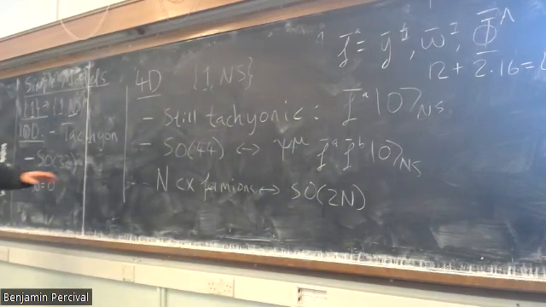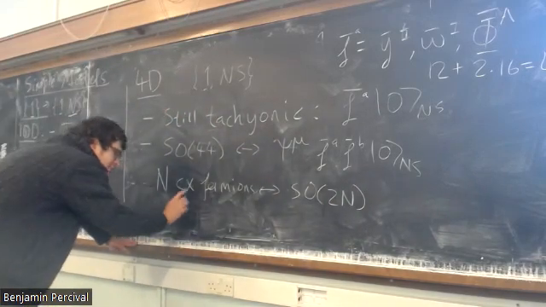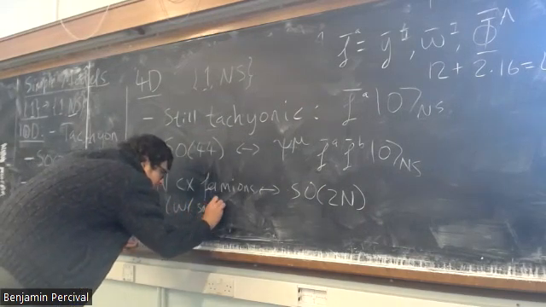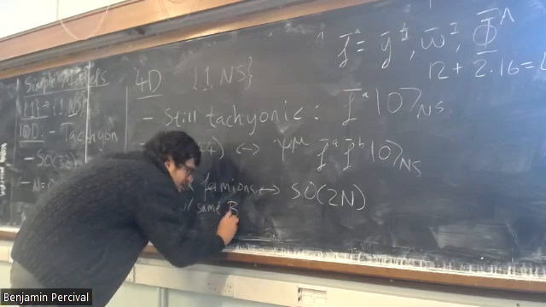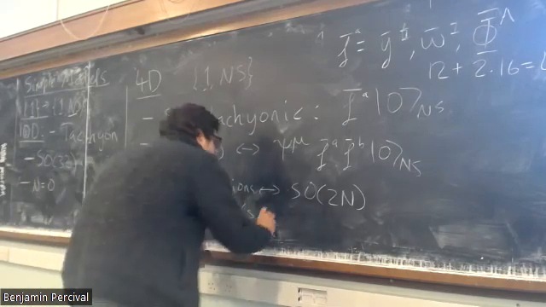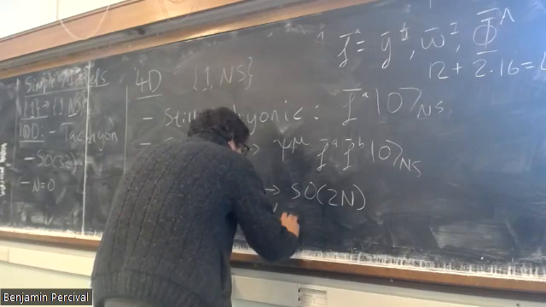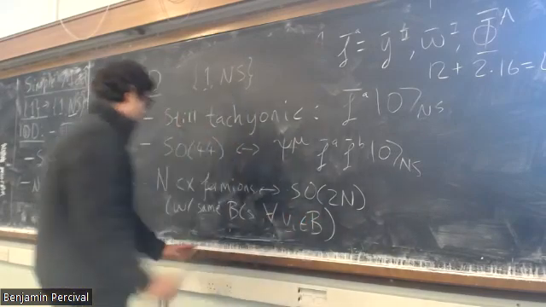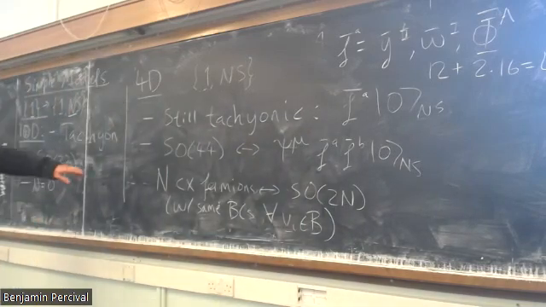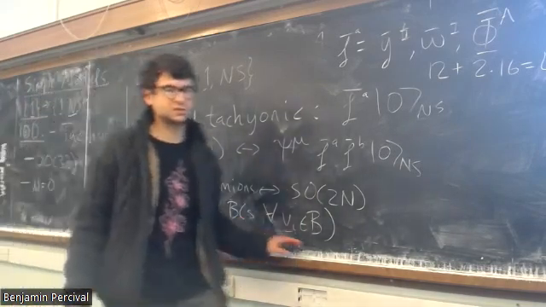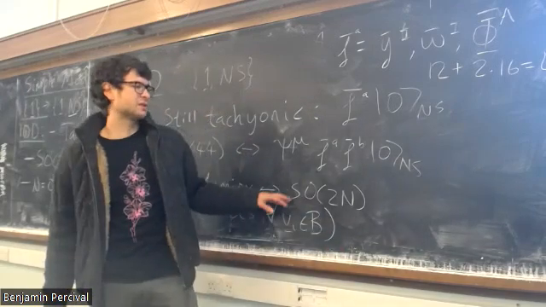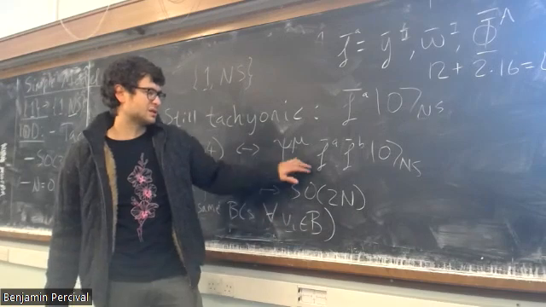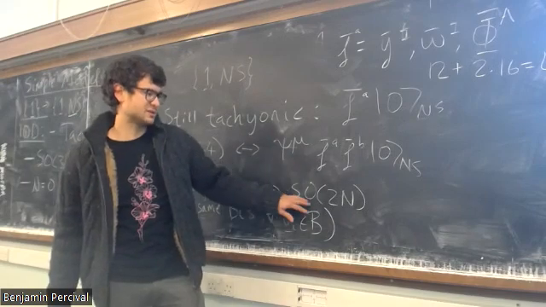So N complex fermions with the same boundary conditions in all the basis vectors will give rise to these kinds of gauge bosons, which give you the adjoint of SO2N.